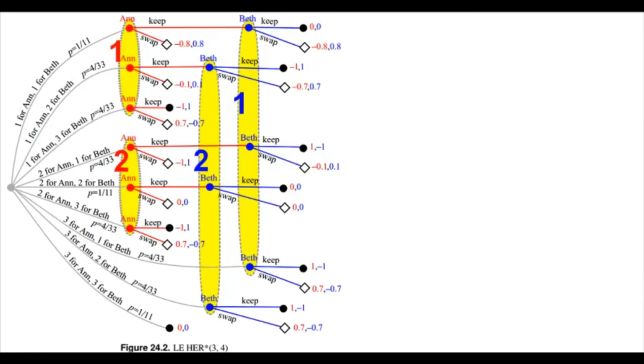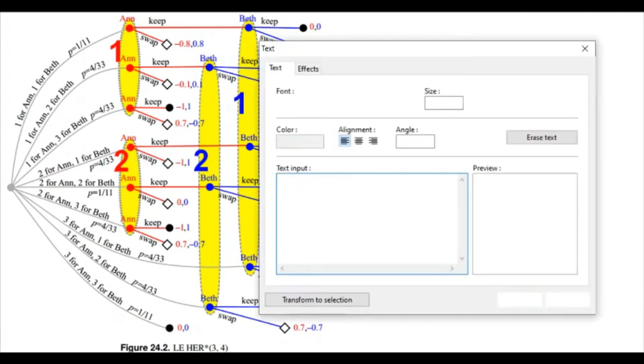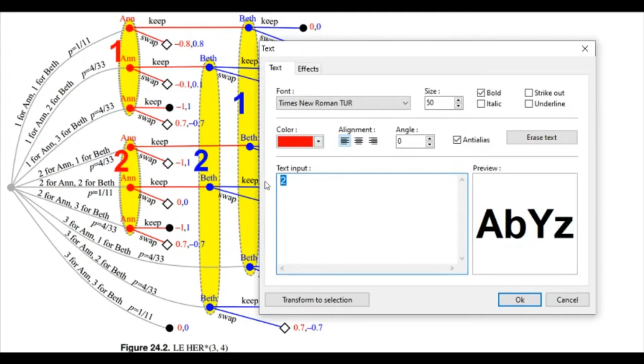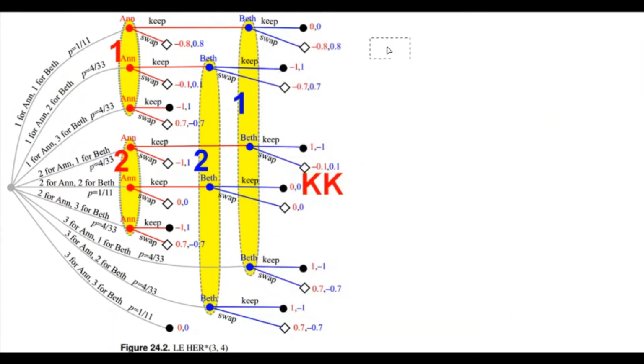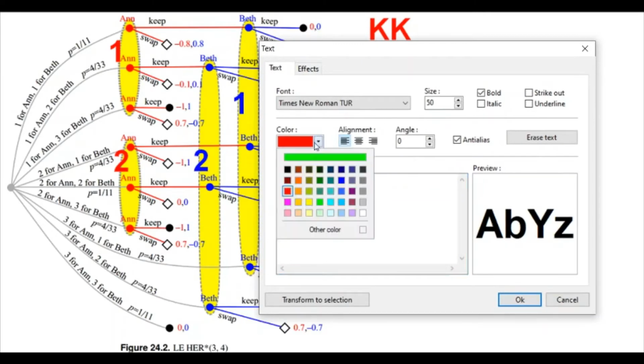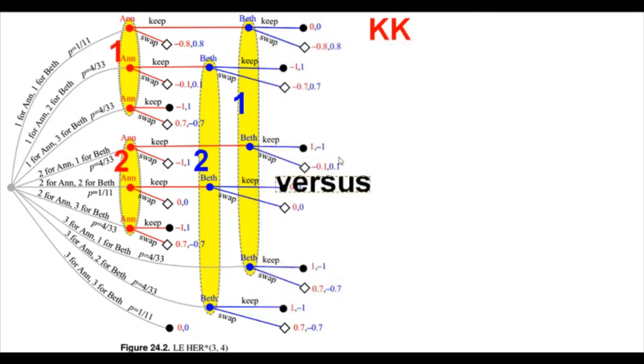So let me write it down so that I don't forget it. Kk versus, in black, sk.